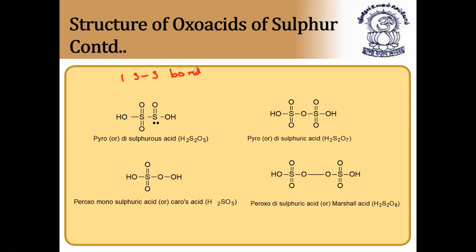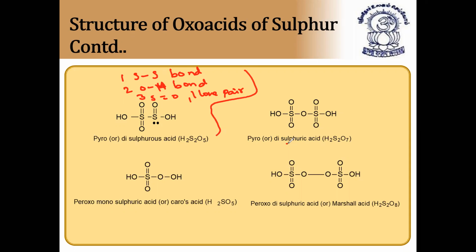Two OH bonds are common for all, very, very important, and since it has two OH bonds, the basicity is two. And S=O double bonds, how many are there? One, two, three. Three S=O bonds and one lone pair. So all these are the points.